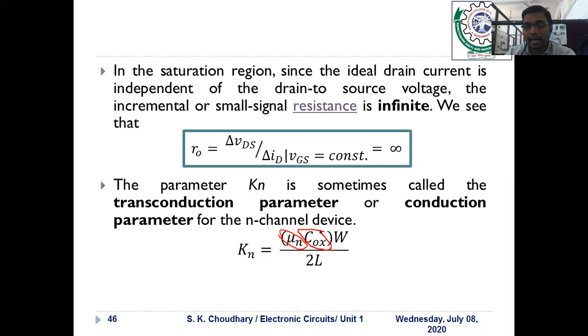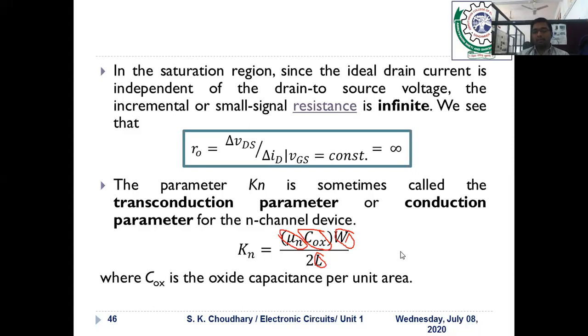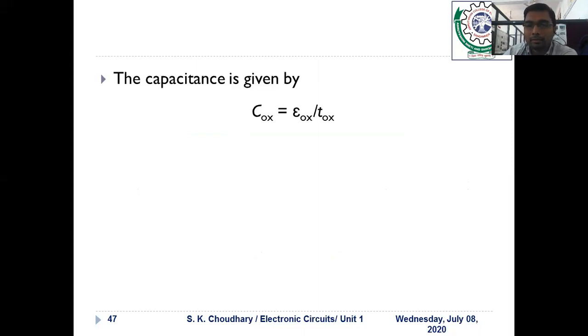This is the oxide capacitance per unit area, W is the width of the channel, and L is the length of the channel. So as per the formula of Kn, mu n Cox W by twice of L, your transconductance parameter is a combination of two types of parameters. One is electrical, another is geometrical.